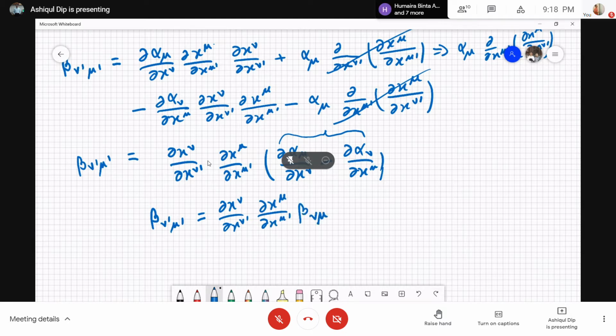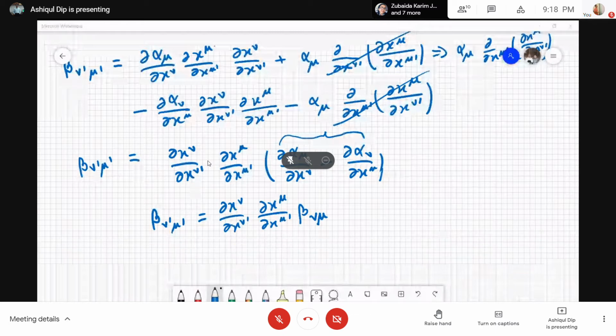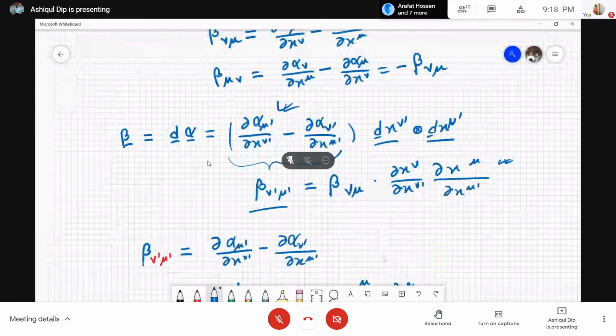This is the transformation rule for a second rank tensor, which we have been expecting as well, right? So the way we defined our derivative is consistent with the tensorial formalism. So it is a tensor basically. That's what we mean.